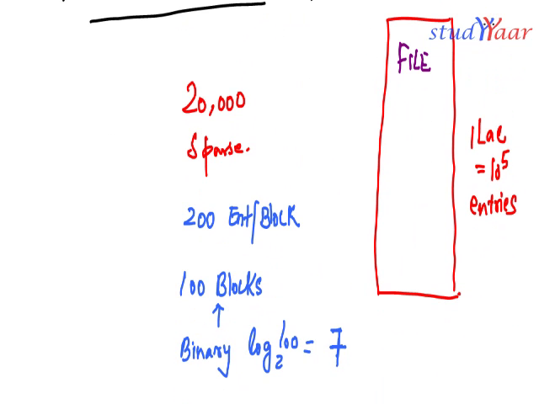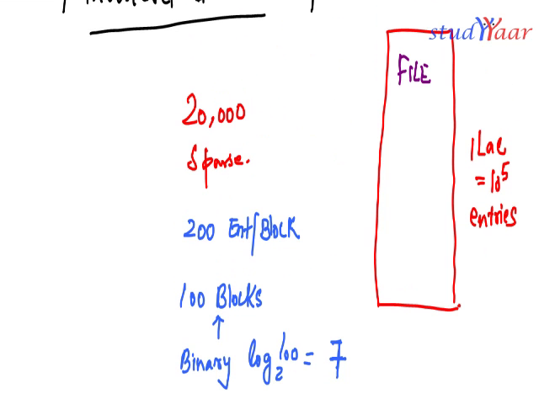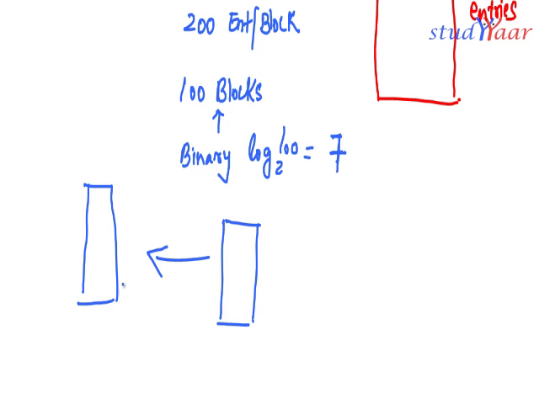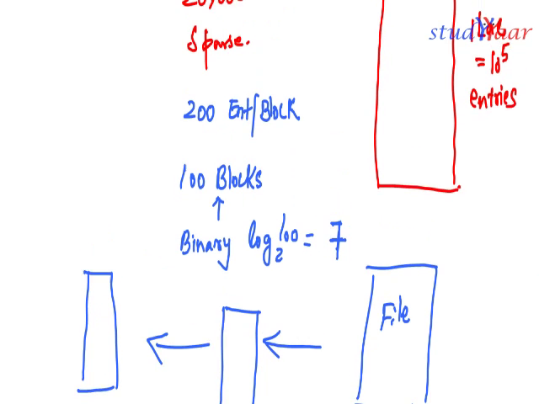To overcome this problem, what we do is we just assume that the sparse index itself is a file, and we create another sparse index on this sparse index. Okay, so this is a file.